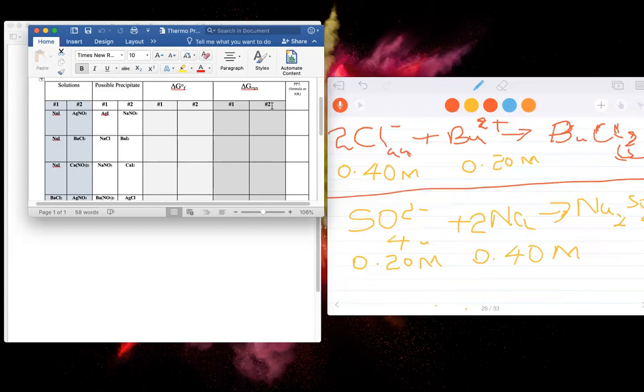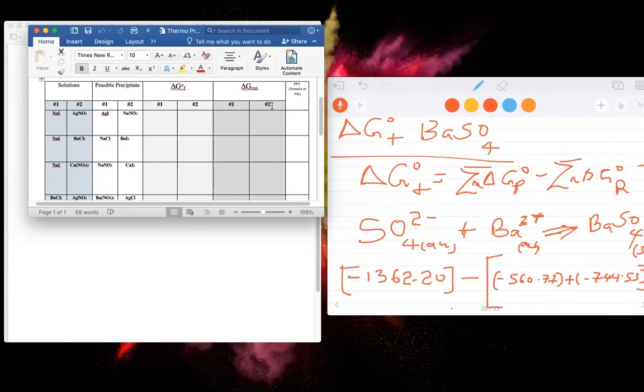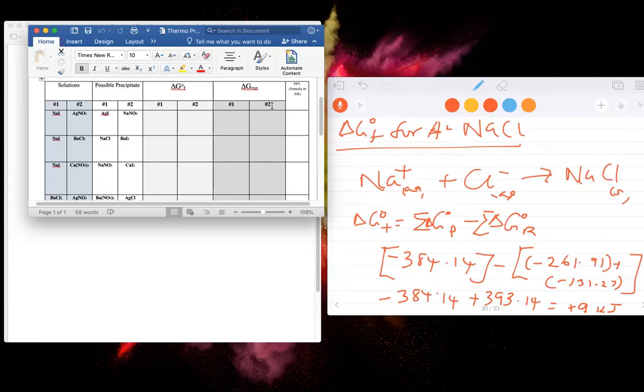This coefficient of 2 here does not play any role because precipitation is a function of the ion, which is 1 to 1. If it was something else, then we would use that 2 or whatever.